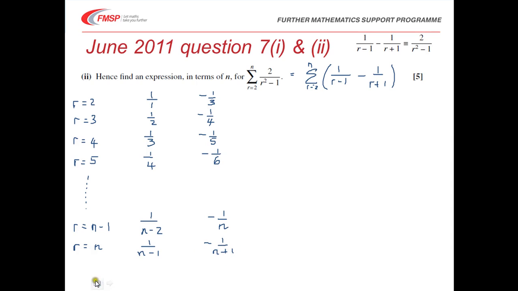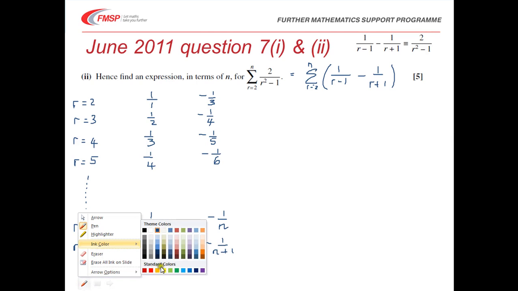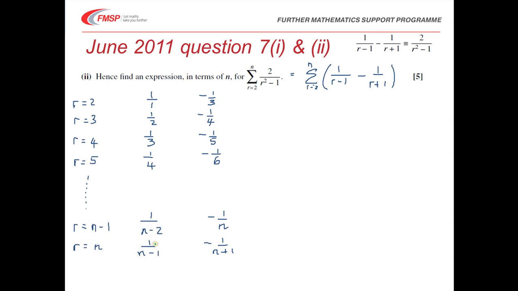So this is what we call the method of differences, and the interesting thing about it is that we start to be able to do a bit of cancelling. That minus a third will go out with that plus a third, and this minus a quarter will go out with that plus a quarter, and so on.